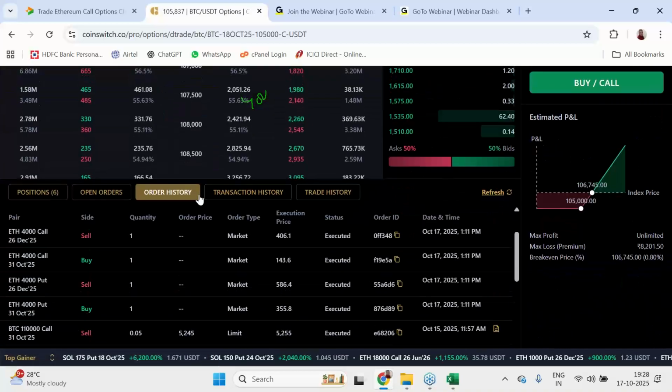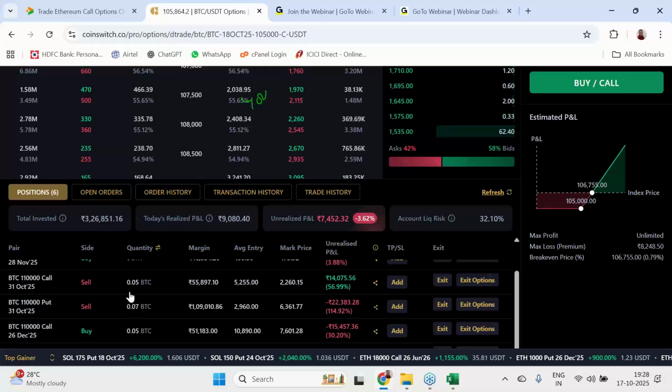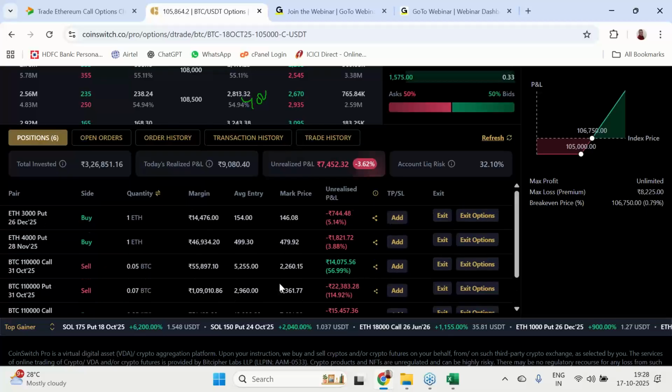But for the Bitcoin, we are still on. Bitcoin, what I did here, October I sold and I have bought the December, November month I have skipped in between. That is still there. It is being taken another one trade which is being given with the delta load. Some options are there, that's why it is negative.